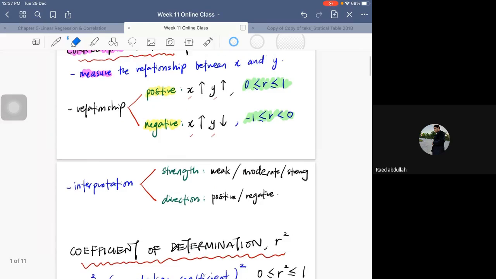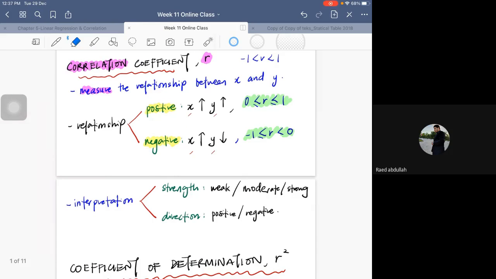In terms of interpretation, when the question asks us to interpret what the correlation coefficient means, you have to mention two things. The first is the strength. Based on the value, is it a weak, moderate, or strong relationship? The indicator is the number.